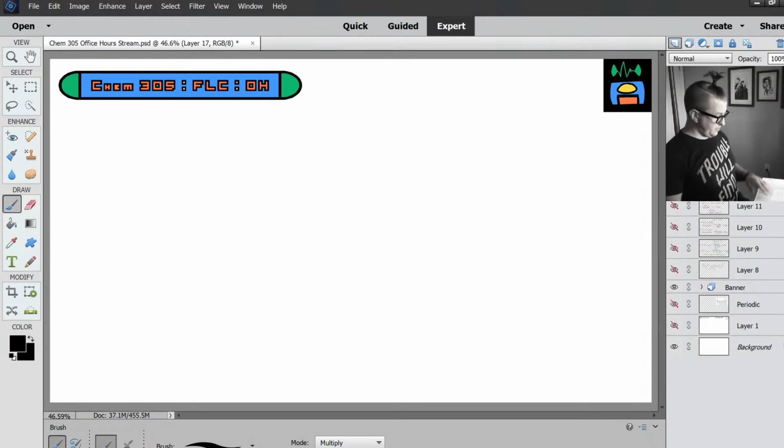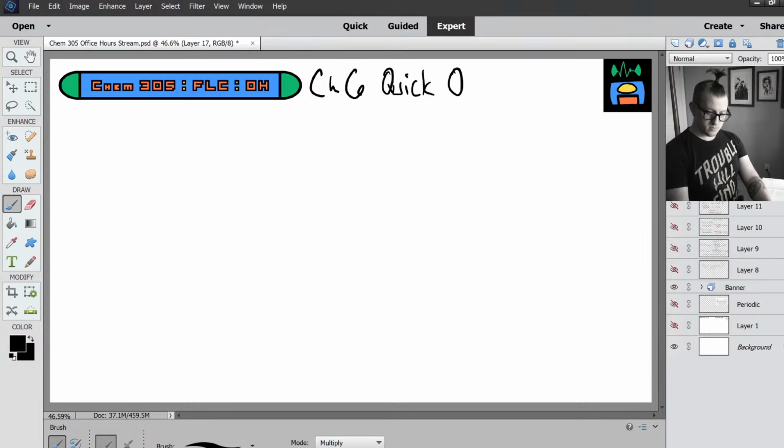Quick quiz number 3. All right. It says 1 mole of sulfur atoms contains twice as many atoms as 1/2 mole.